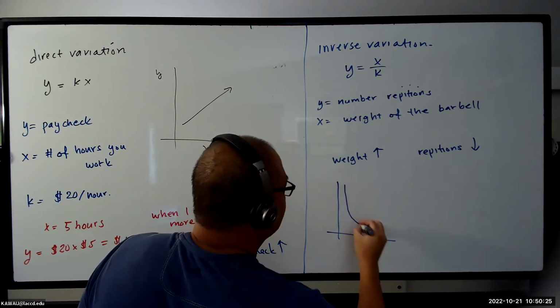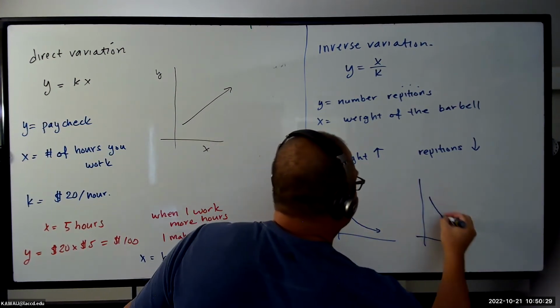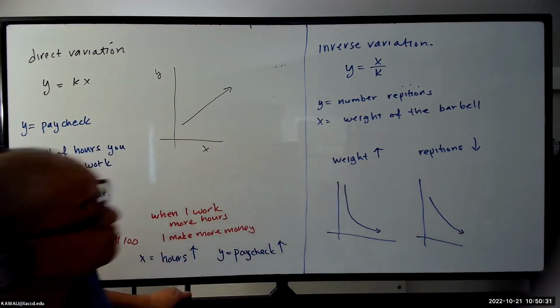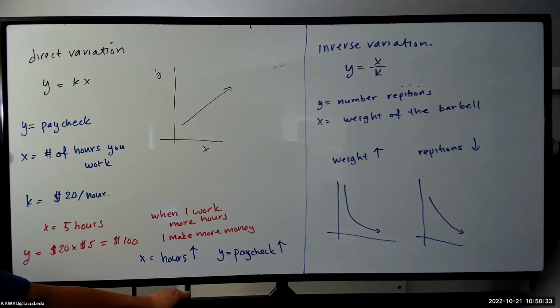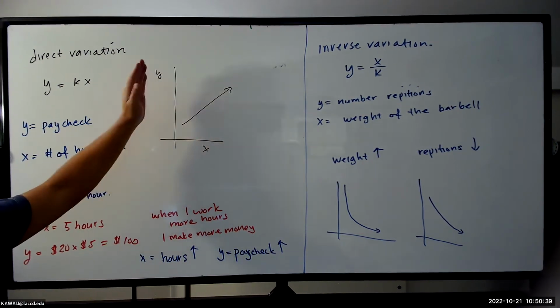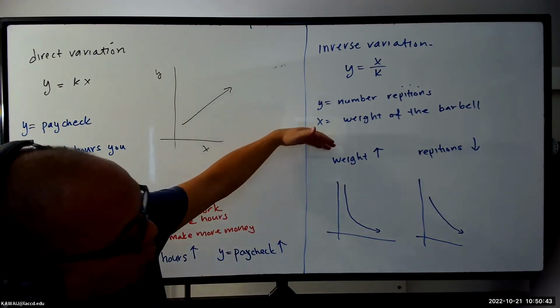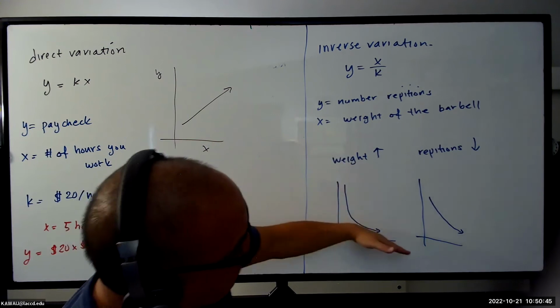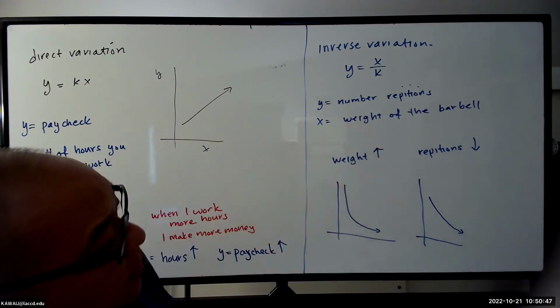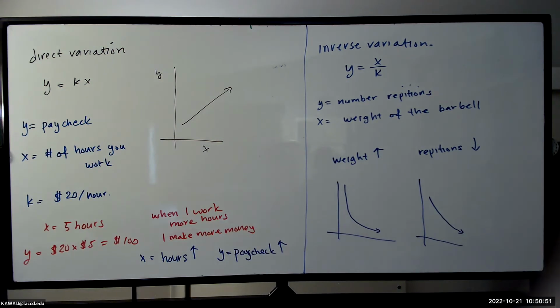Technically it looks sort of like this, but they may give you something that just looks like a line. So in terms of a graph, when X gets bigger, Y gets bigger, that's direct variation. When X gets bigger, Y gets smaller, that is inverse variation. Okay, so let's take a picture of this.